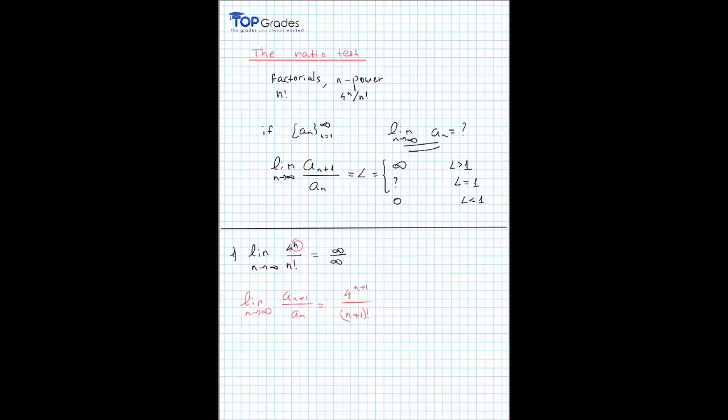This is what I got, divided by the original one, a_n, 4 to the power of n divided by n factorial. We switch this, we know this rule, and we got 4 to the n plus 1 multiplied by n factorial divided by this.